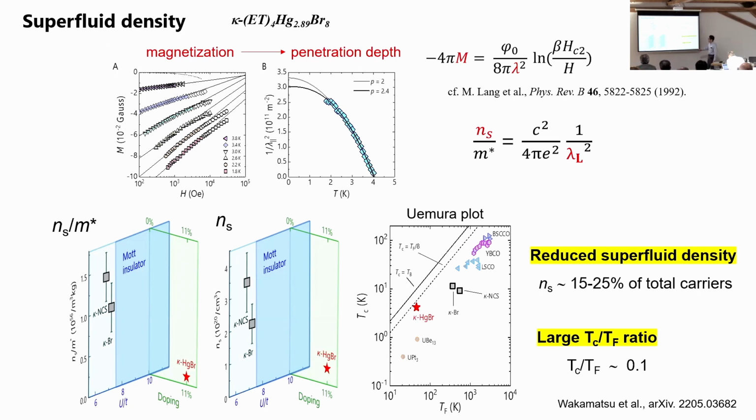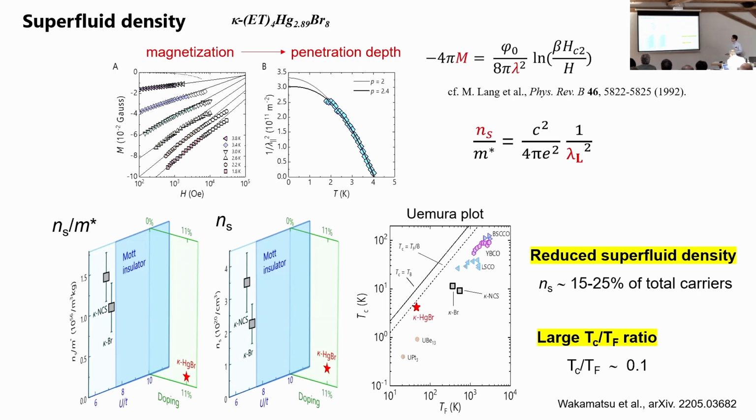This material, the doped spin liquid candidate, has a very low superfluid density compared with the half-filled materials. So I think maybe 50% or 20% of total carriers contribute. Only this fraction contributes to the superconductivity, so the other portion maybe remains incoherent.